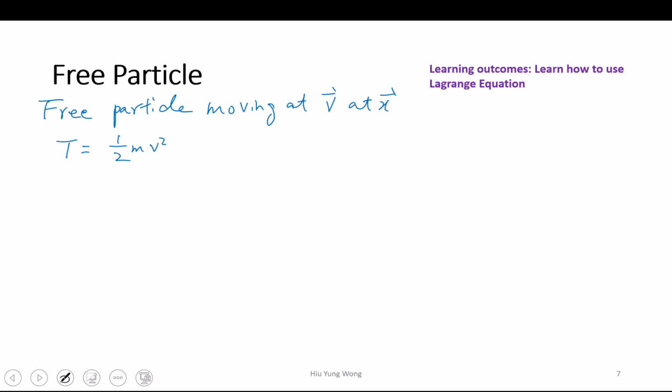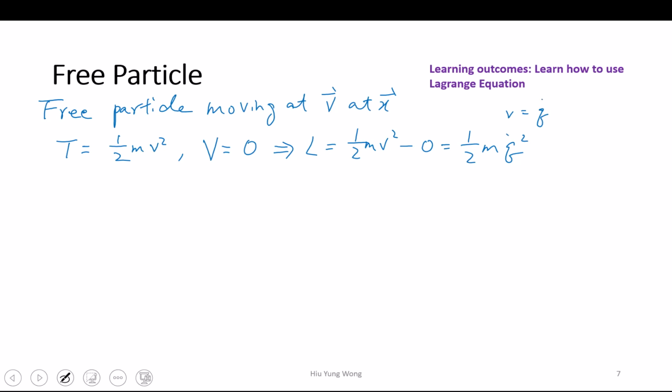I just use a scalar form, not vector, because it's one-dimensional in this case. Just consider one dimension, right? What is the potential energy of a free particle? 0, right? So the Lagrangian is very simple. Half m v squared minus 0, which is half m. But I try to go back to the notation. I call it q. Velocity equals q dot. Okay?